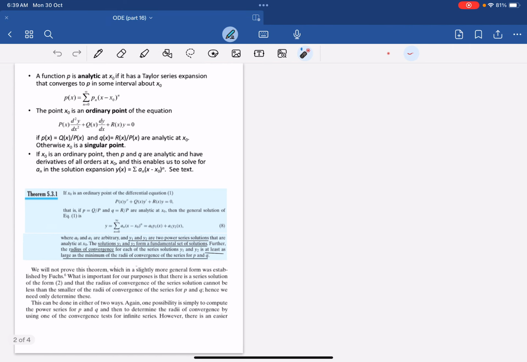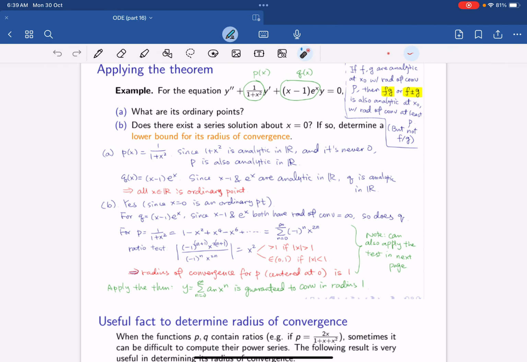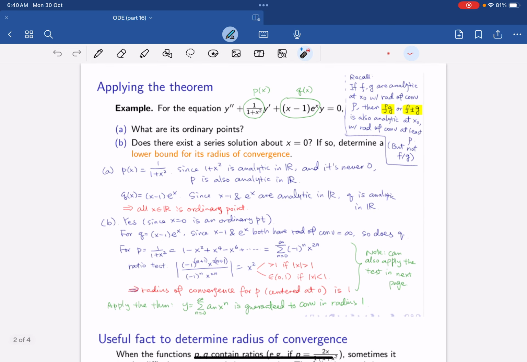So we will now see how we apply this theorem to find the radius of convergence and the ordinary points. What we want is this equation over here. An ordinary point is where both of these are analytic.